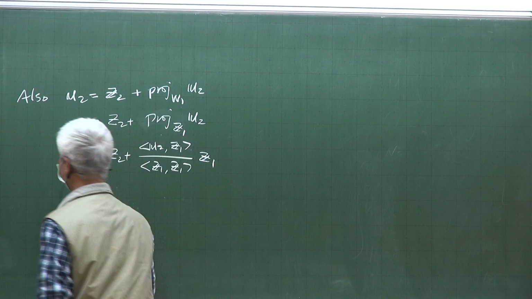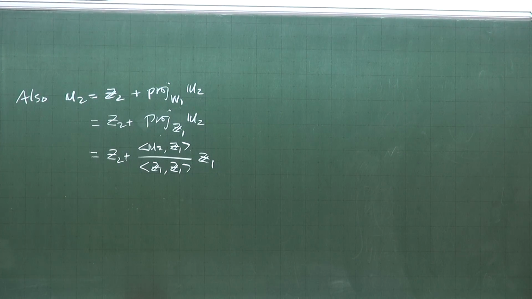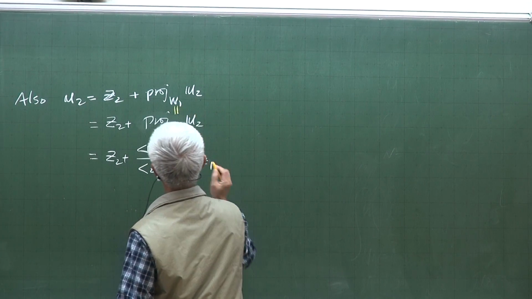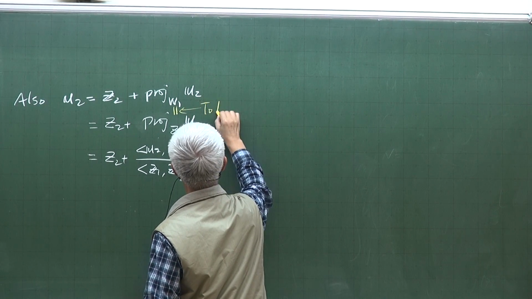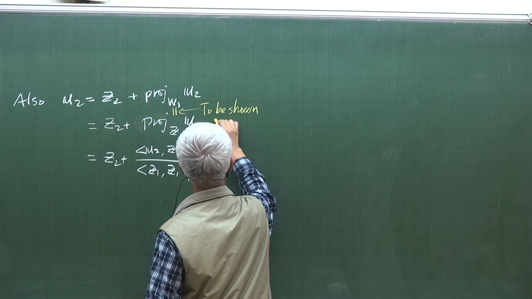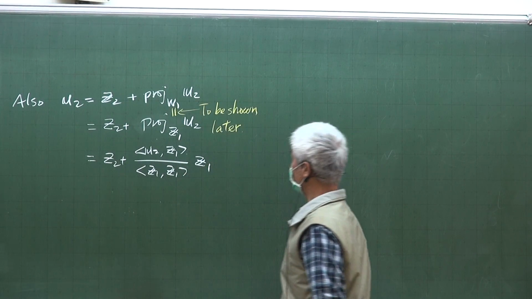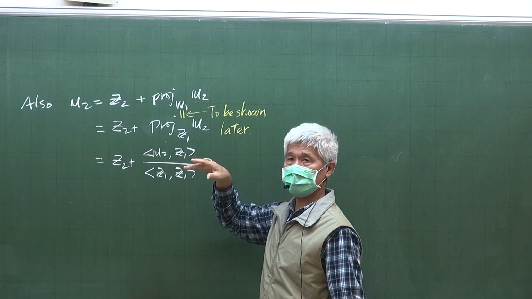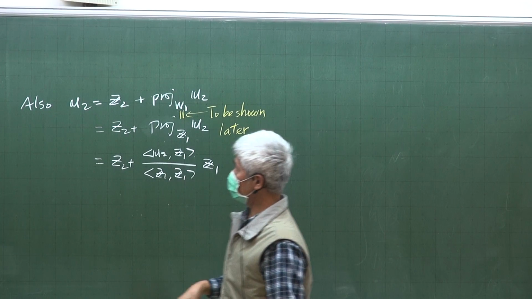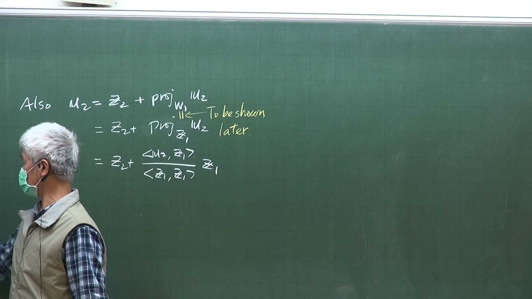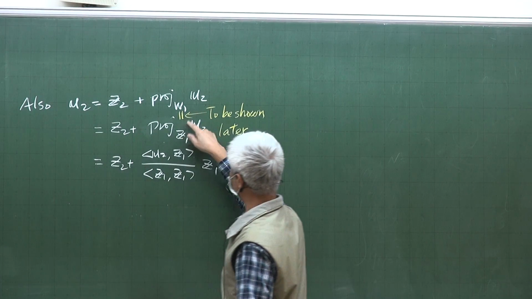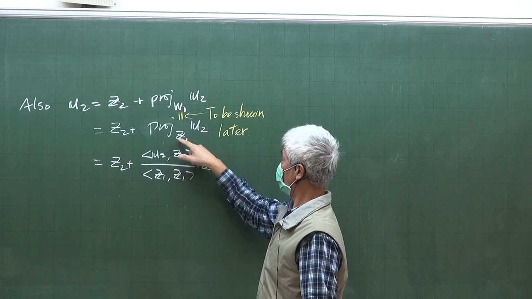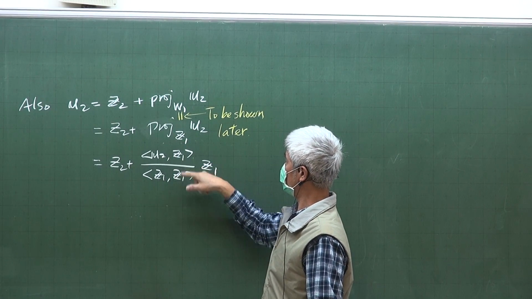Here, the identity we haven't shown yet, to be shown later. We just claim that the projection of U2 onto the subspace W1, because Z1 is just an orthogonal basis for W1, we can just write it as the projection of U2 onto Z1. Okay, so it's this one.